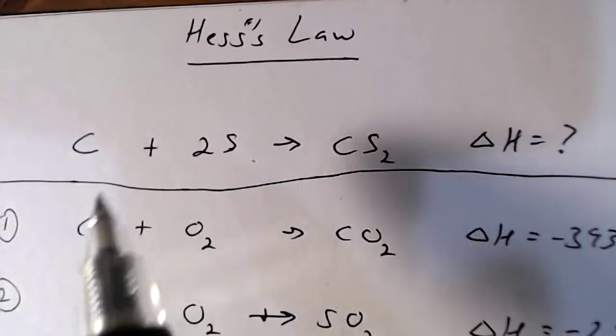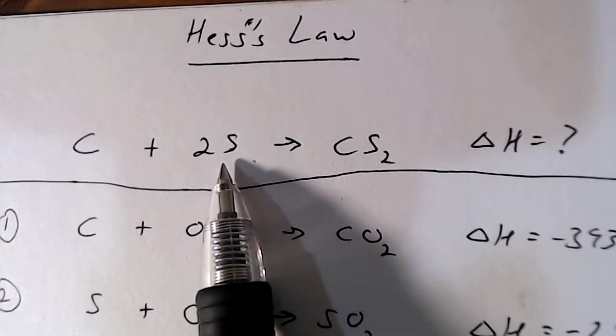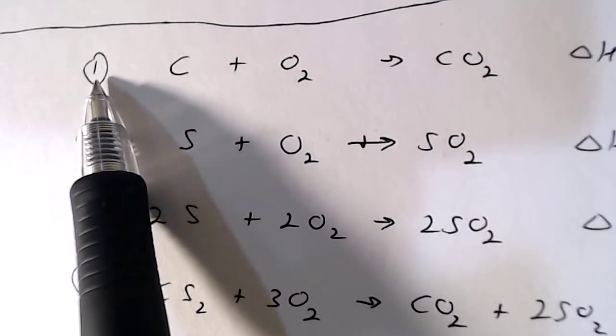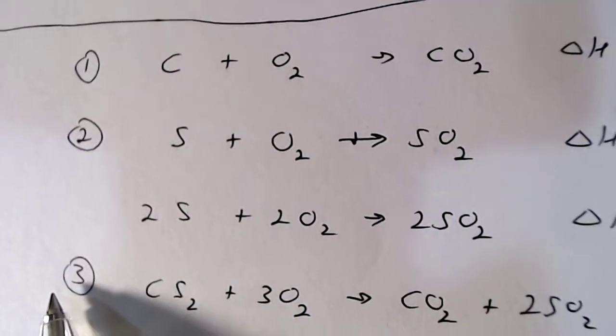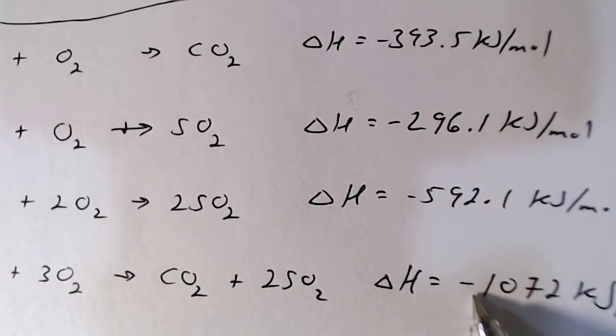Maybe you're provided the fact that you want to get the enthalpy change for this reaction. You were told that these numbered reactions, 1, 2, and 3, have certain enthalpy changes.